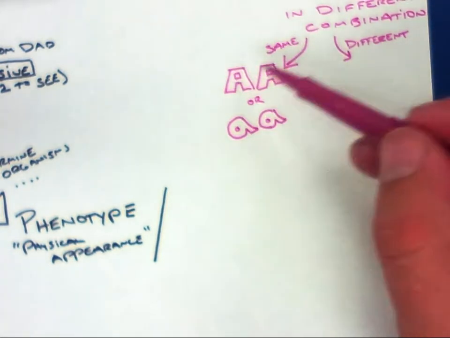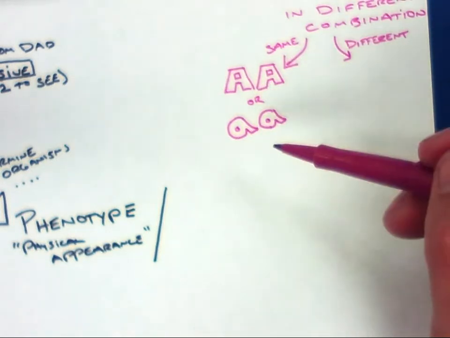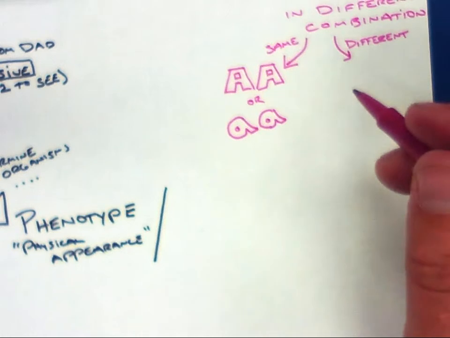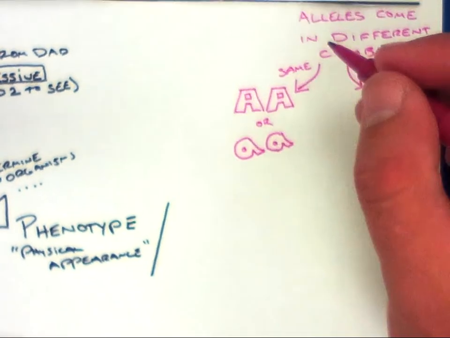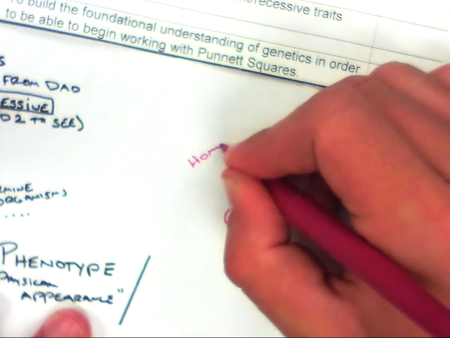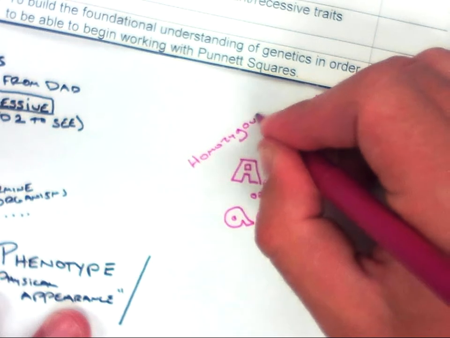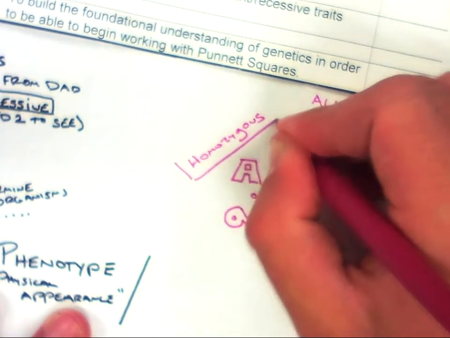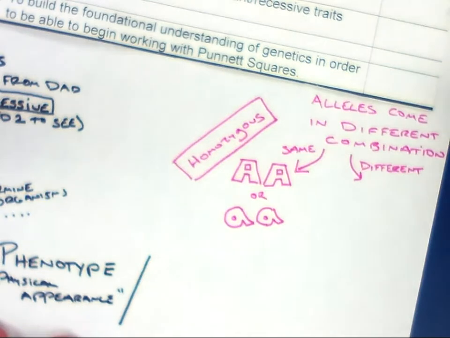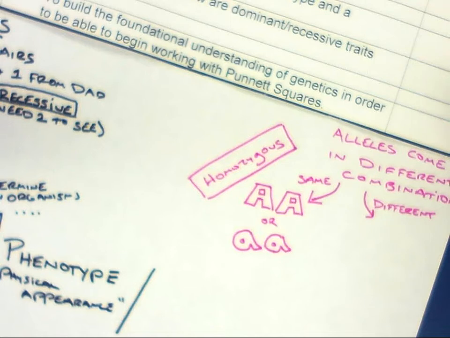So they're both capital letters or both lowercase letters. That's what I mean by the same. Because I know they're both A's, but it's capital capital or lowercase lowercase. And when you have two of the same, that is called homozygous. So two of the same alleles is homozygous.